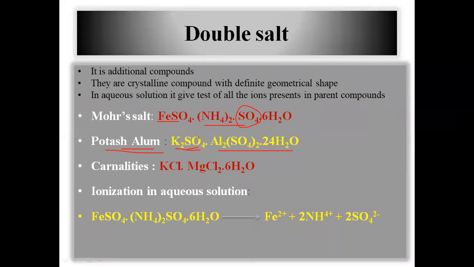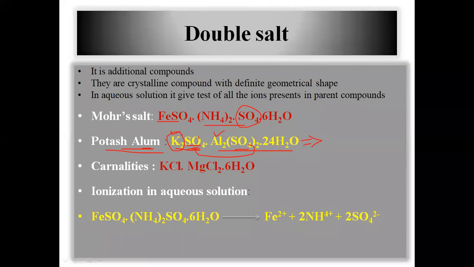The potassium separately gives the K positive ion, then the SO4 2 negative ion, and aluminum also gives the Al3 positive ion. So when this potash alum is dissolved in the solvent, you will see complete ionization of this salt in solution.